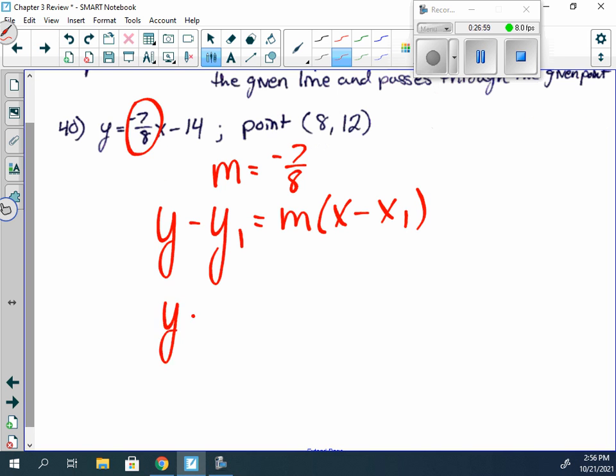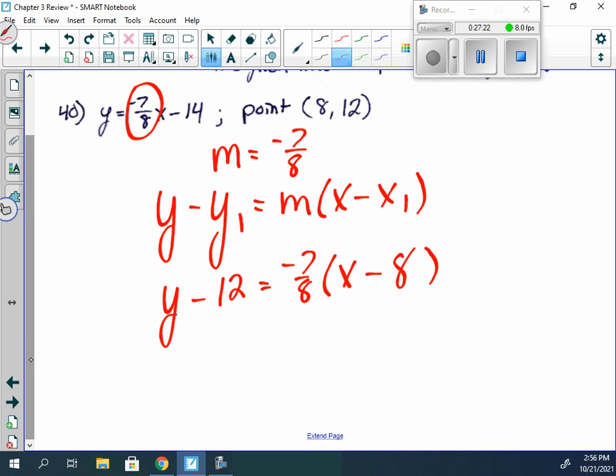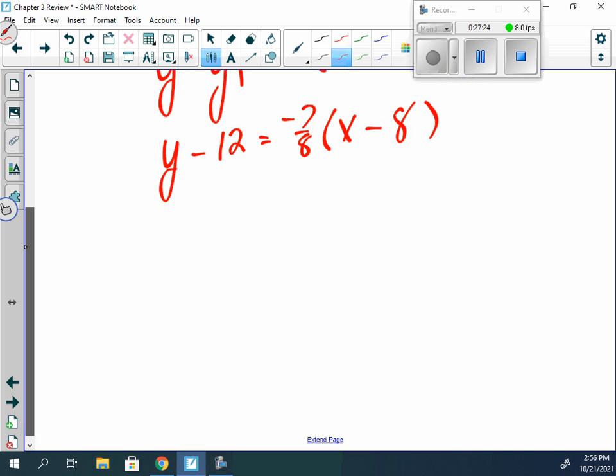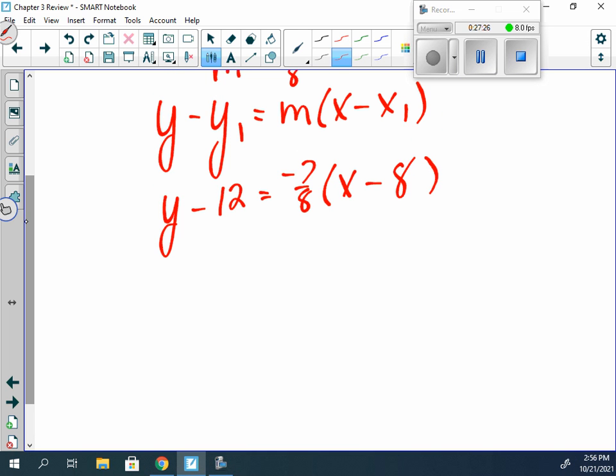And we'll use this equation and plug in the point and the slope. So we use our y minus y1 equals m times x minus x1, and it would probably be good to have that in your note sheets, the equation. And at this point here, we just need to get y by itself.